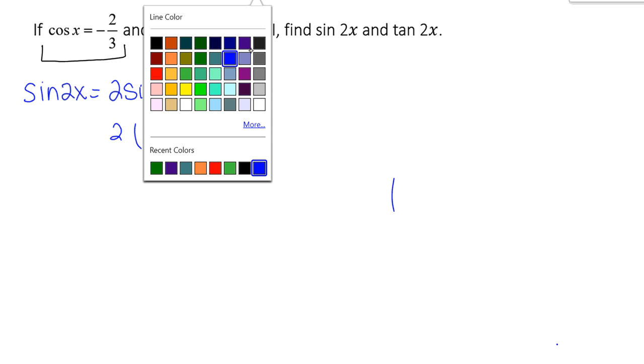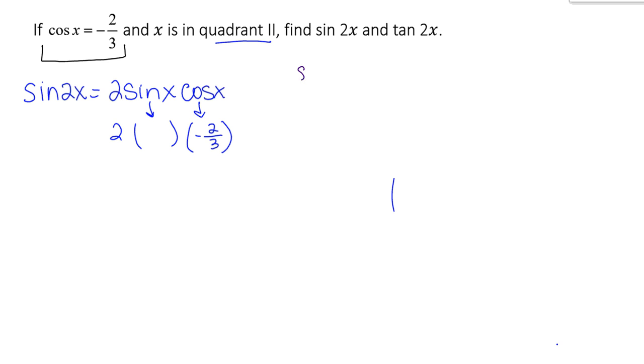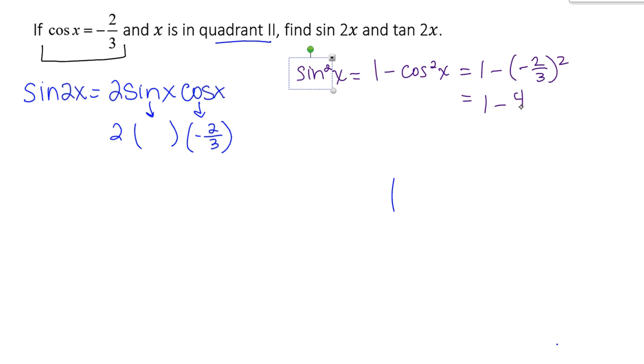We could try that. So the sine squared of x is going to equal 1 minus the cosine squared of x, 1 minus negative 2/3 squared, 1 minus, that's 4 over 9. Need a common denominator, so 9 over 9 minus 4 over 9 is 5 over 9.